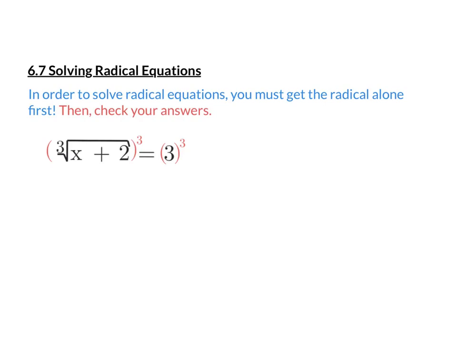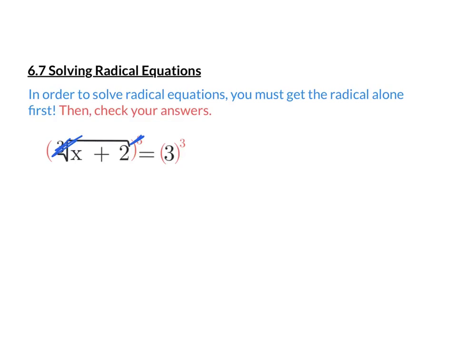And that's why we have to get the radical by itself. When we raise that whole side to the third power, this cube and cube root end up canceling out. So that's why we do it.